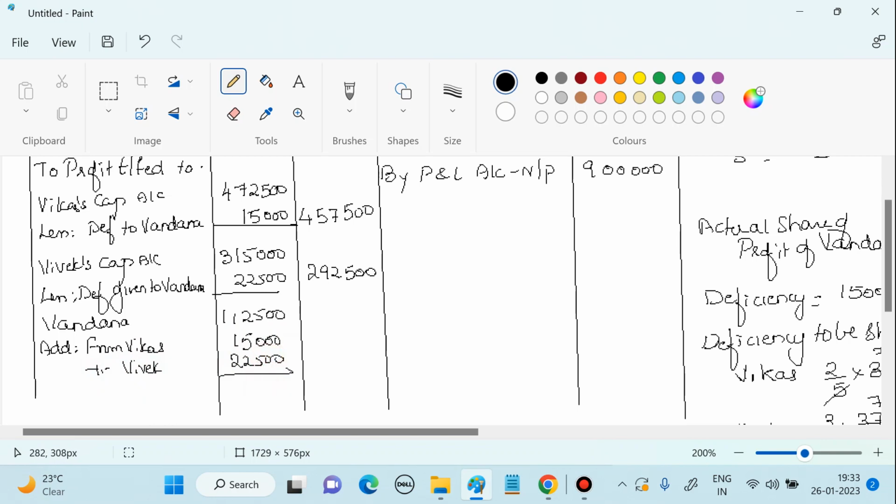When you total this up, it comes to 1,50,000, which was a guaranteed profit. If you total this up, it will be equivalent to your net profit. So this is how net profit got distributed. Everybody clear? Any doubts? Clear.